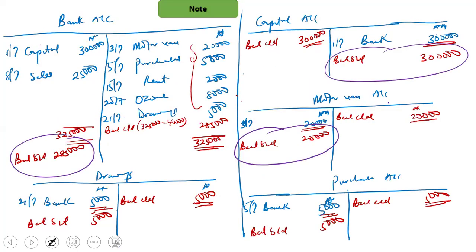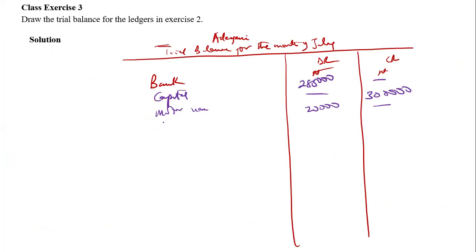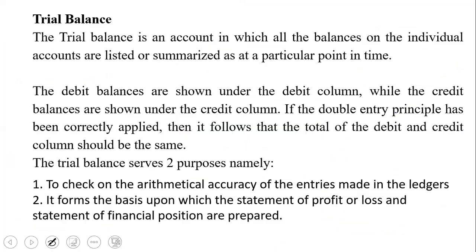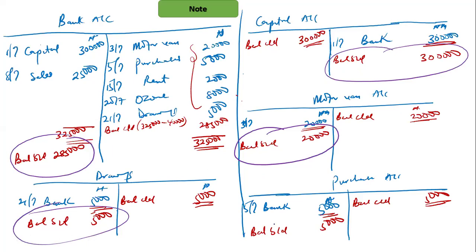20,000. Next, what do I have? We have what we call drawings, on the debit side. We take our drawings, we also record drawings, 5,000. Don't forget, we said the trial balance is the list of all the ledger balances in order to check for arithmetic accuracy. Purchases is a debit balance of 5,000.